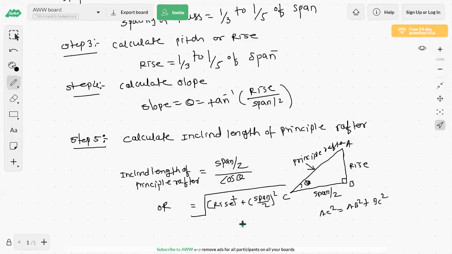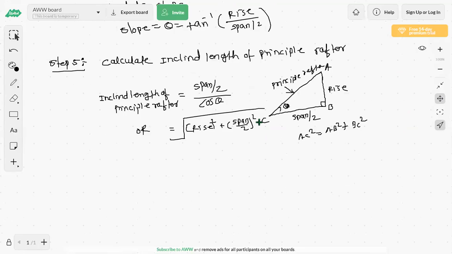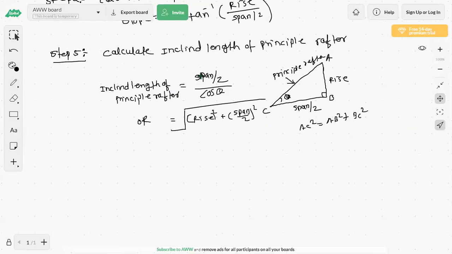By using these two ways we can calculate the inclined length of this principal rafter. By using this formula or this formula we can calculate. So step number 5 is over.